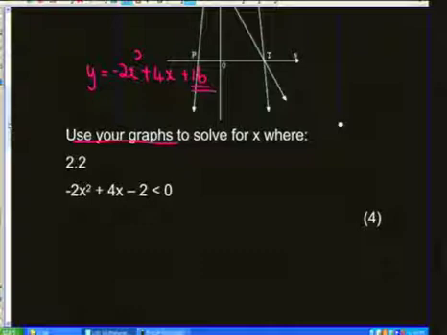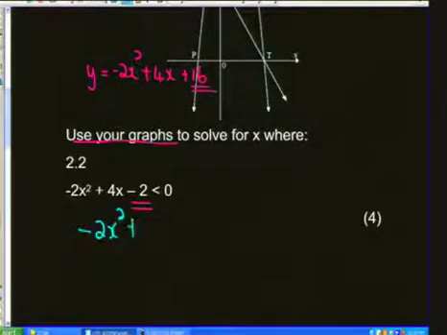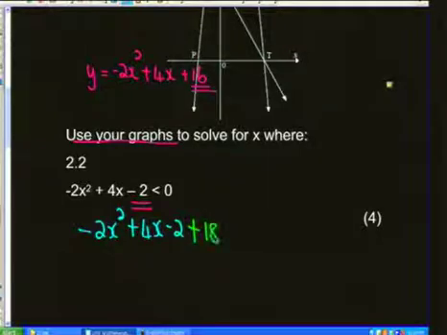Okay, so here's our problem. We've got a plus 16 there and a minus 2 there. If we're going to use our graph, we have to have the same equation as the graph we drew. So how are we going to change a minus 2 to a plus 16? Well, the way I see it, let's put this one in blue, and then we'll change the color again to show you what we do to change it. So it's plus 4x minus 2. Now, in order to get it to be plus 16, I would have to add 18.